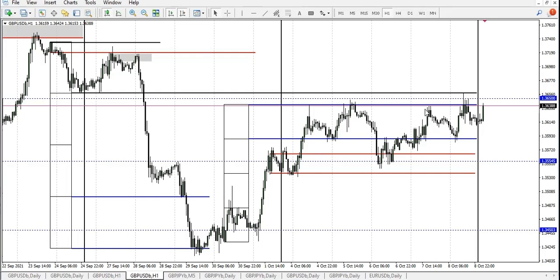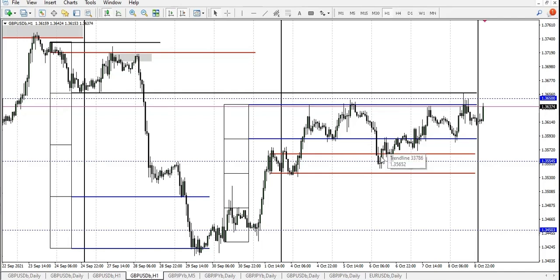If anything goes off in your model, when you're reviewing your results, you can see that, oh, my setup said buy the lows, but I didn't wait for it to raid the lows and then trade down into a higher time frame order block. Or it raided the low here, but there was really nothing in here to support bullish prices. I should have waited for the candle to close and then I get in.